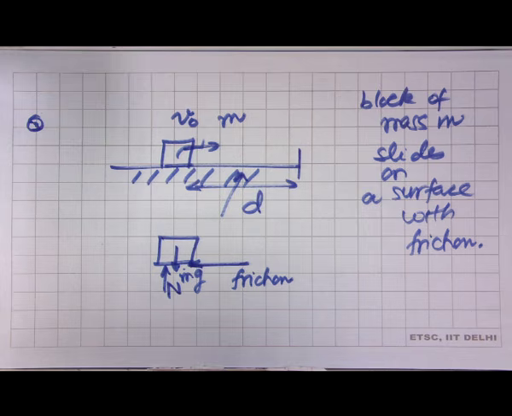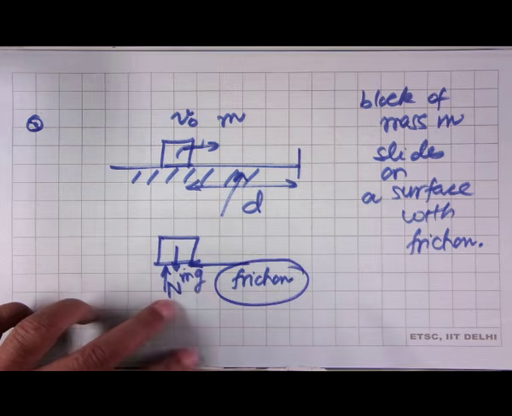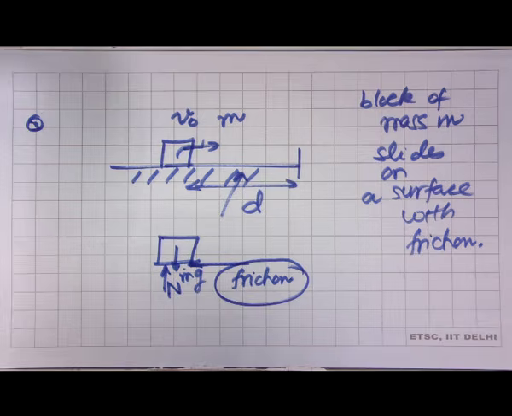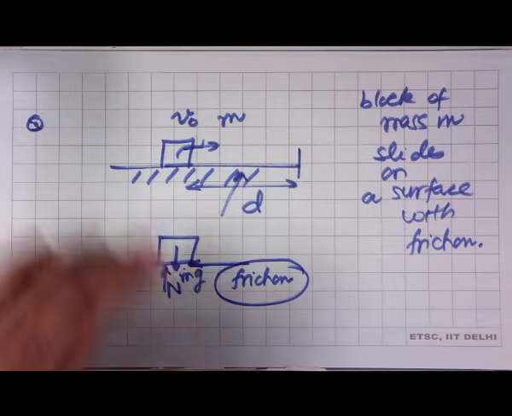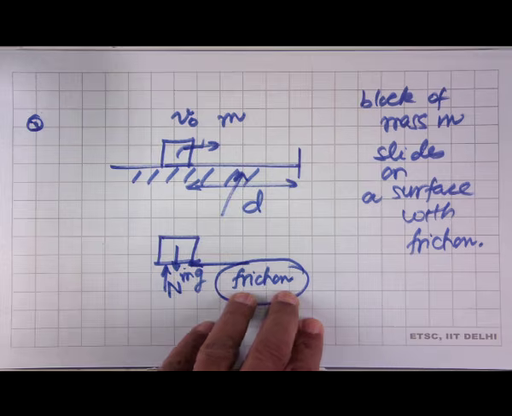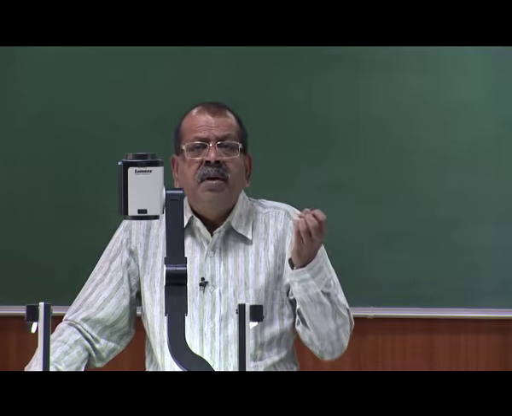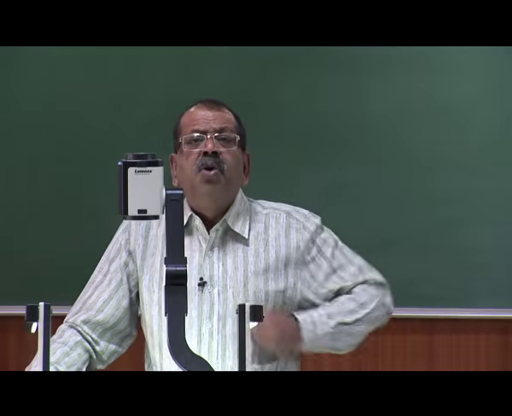Now, in this case, the work which has been done by any external force on the block has been done by friction. And what has happened because of the work done due to friction? The kinetic energy of the block from its state of half mv0 square has become equal to 0.